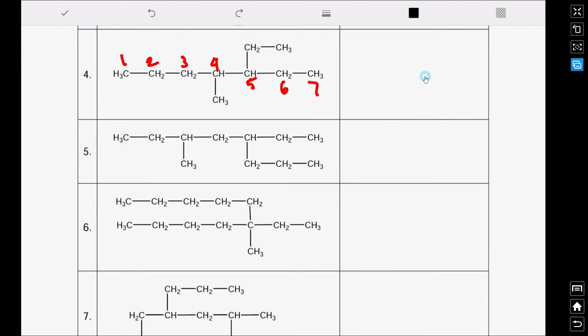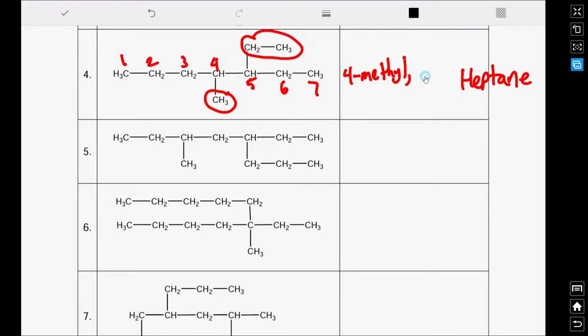We now have a methyl branch here. We have an ethyl branch here. But I'm getting a little ahead of myself. So let's start off with a heptane, because the longest carbon chain is a heptane. I'll list the 4-methyl first. So we have 4-methyl, and then at the 5 carbon we have an ethyl group.